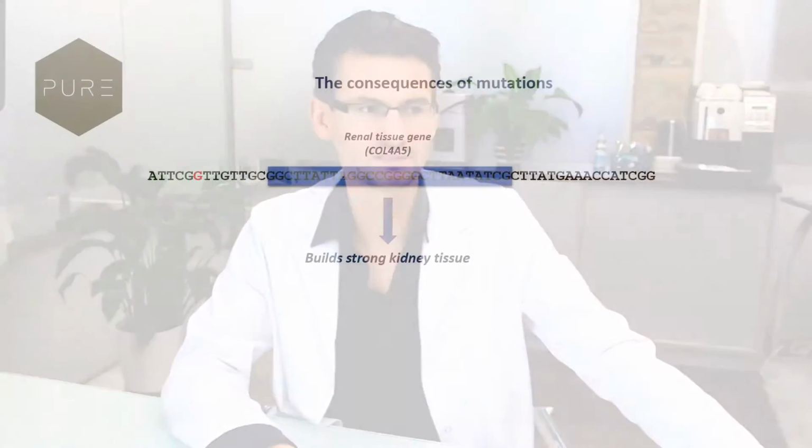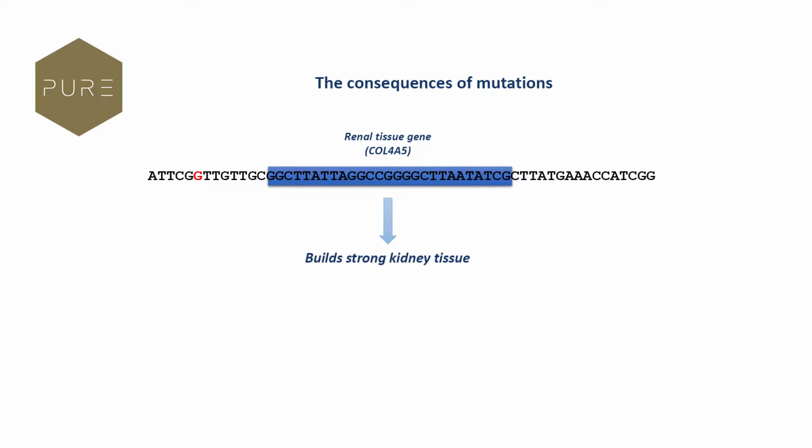Now, if we look at the renal tissue gene that I used as an example, as I said, it builds strong kidney tissue. And let's say through a copying error, it happened that a genetic code was changed. This happens by chance. It's just a copying error. It's nothing deliberate, and it happens outside the gene. This will usually not have any influence.